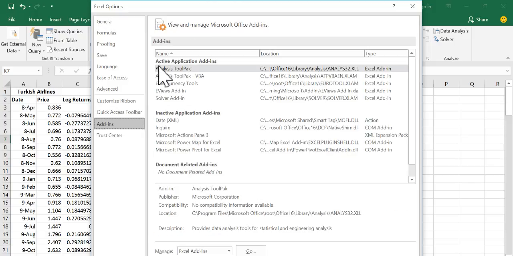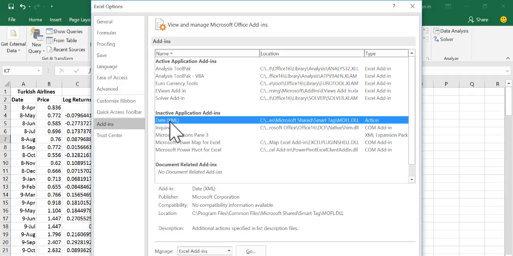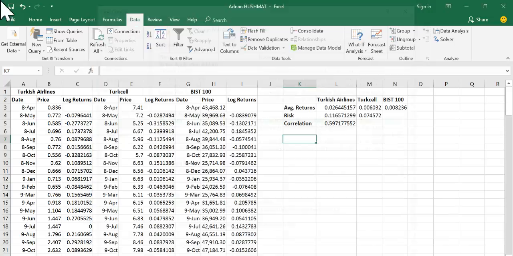You will see some active application add-ins and some inactive application add-ins, such as the Analysis ToolPak and VBA. You will see them here inactive. Just click them and press Go, and then OK, and you will see them there. I have already activated them, so they are in my list of active application add-ins. So you can activate it like this.